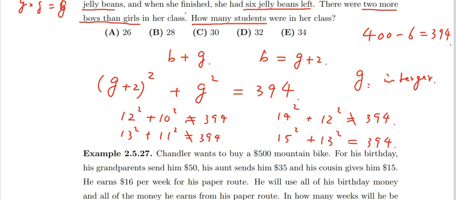Then we double check, and we find this is true. So we know g equals 13 and b equals 15. So in total, b plus g is 28 students.